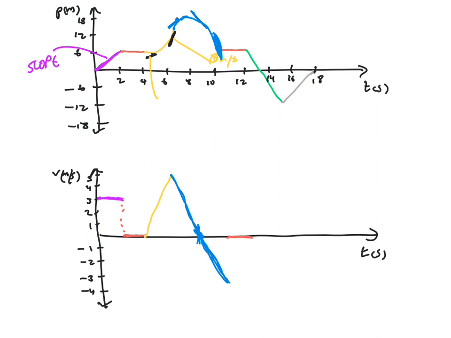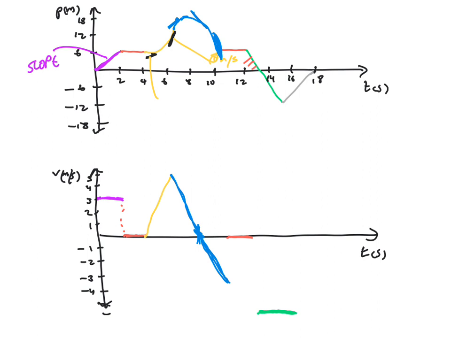Now we would have to calculate that velocity, and we can say that the slope of this is negative 6 meters per second. So we would need to expand on our VT, and we would show this down as a green at around here. We'll see our negative 6 meters per second. And it continues moving with that same slope. So it's still at negative 6 meters per second.